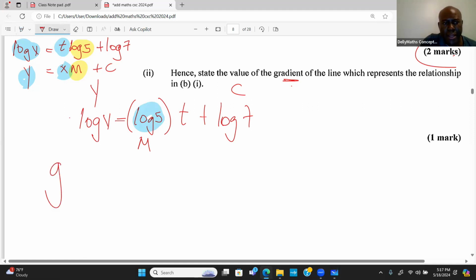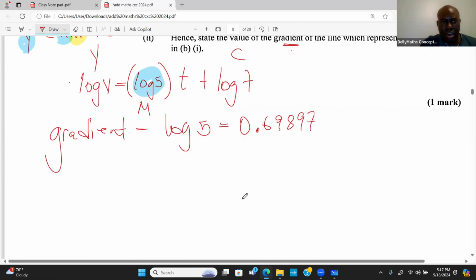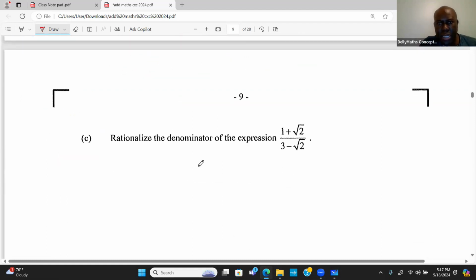So my gradient here is equal to the log of 5, which is equal to 0.6987 and so on. All right, so basically log of 5 would take us out right there. Let's jump to see the next one.